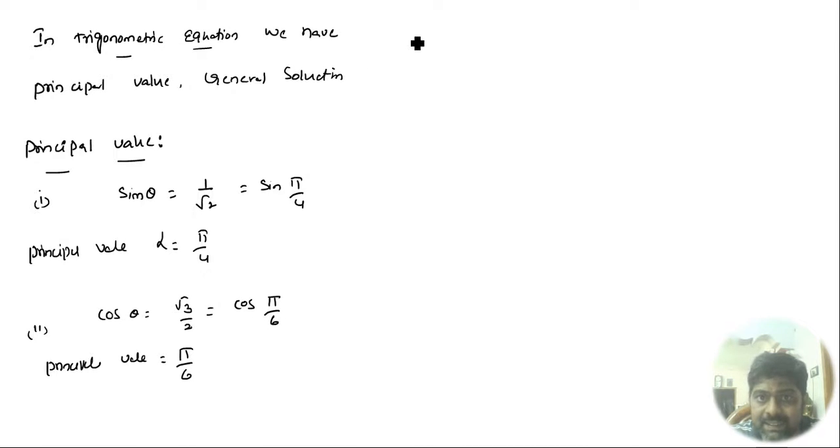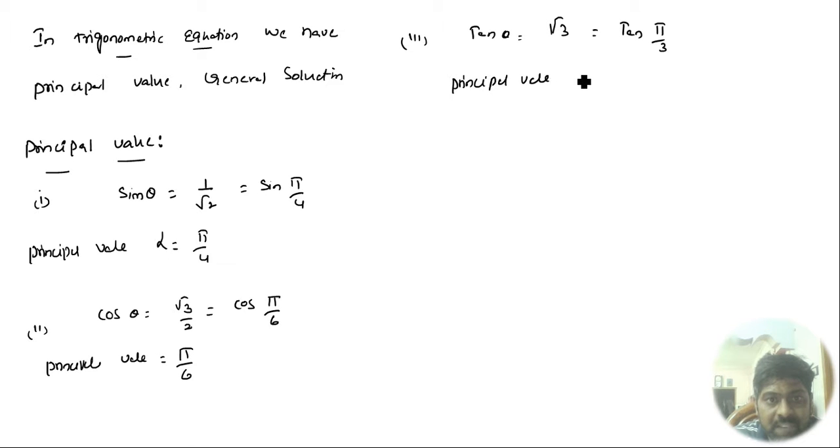And next, tan theta equal to root 3. Tan of root 3 is tan 60 degree, that is pi by 3. Therefore, the principal value equals pi by 3.